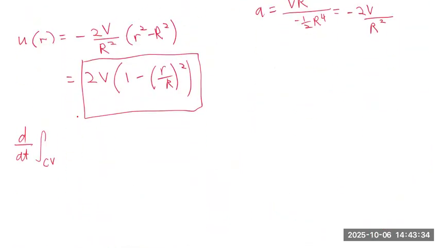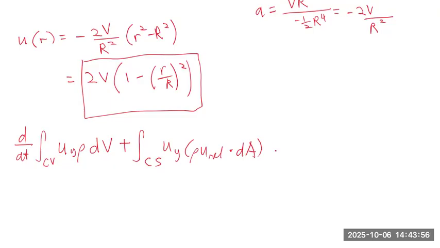So the equation is: d dt of the integral over the control volume of velocity in the Y direction times rho dV, plus the integral over the control surface of uy times rho u relative dot dA. And this is equal to the body force in the y direction plus the surface force in the y direction.